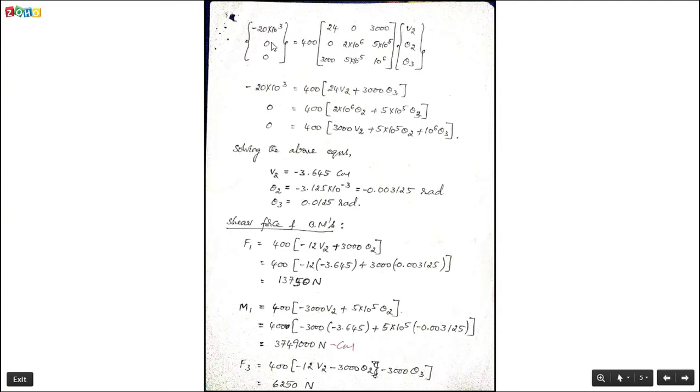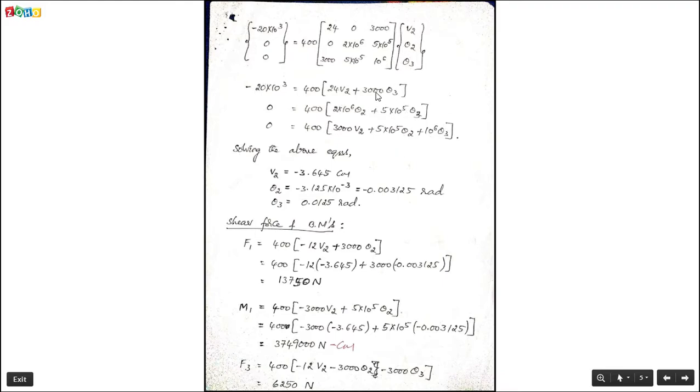Second equation: 0 equals 400, second row: 0 into V2, 2 into 10 power 6 into theta 2, 5 into 10 power 5 into theta 3. Third equation: 3000 into V2, 5 into 10 power 5 into theta 2 and 10 power 6 into theta 3.